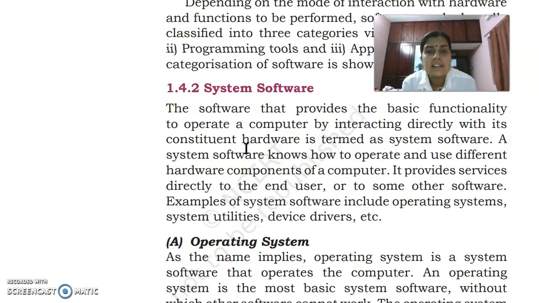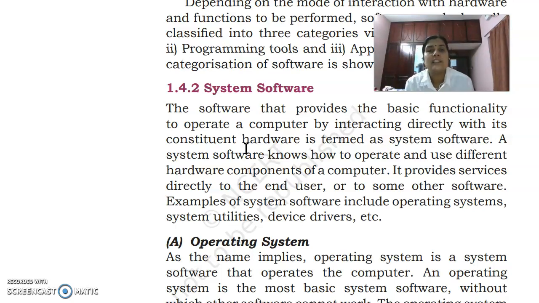What do you mean by system software? The software that provides basic functionality to operate the computer is known as system software. That means by using system software, we can operate the computer. Only system software knows how to operate and use different hardware components of a computer.